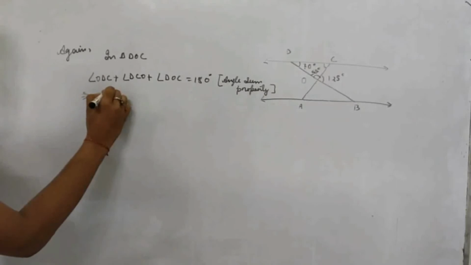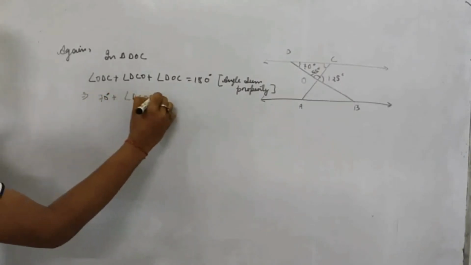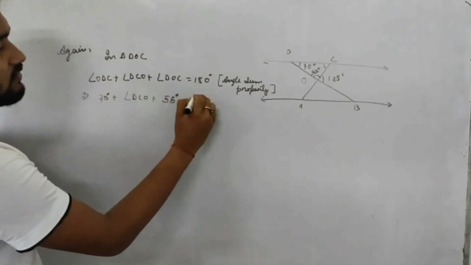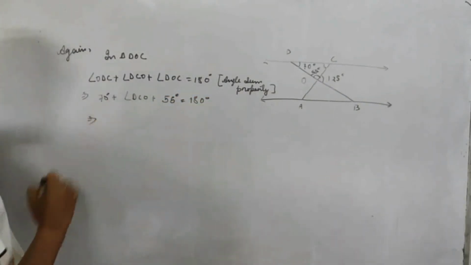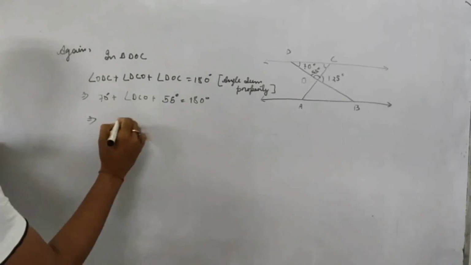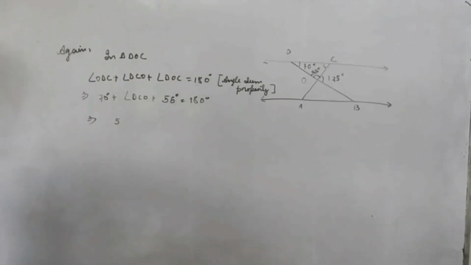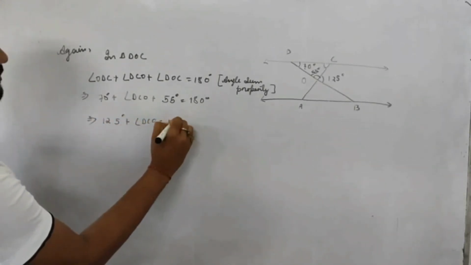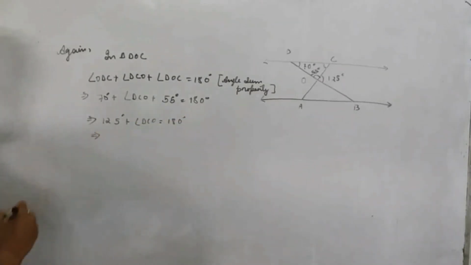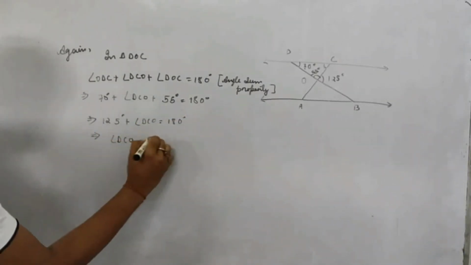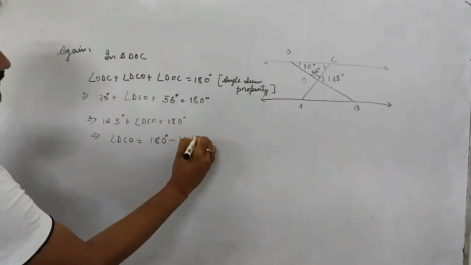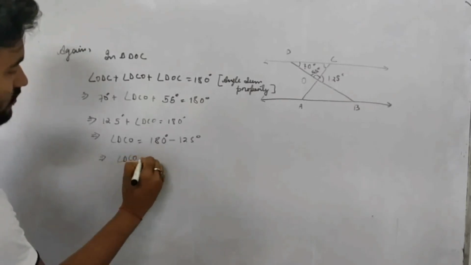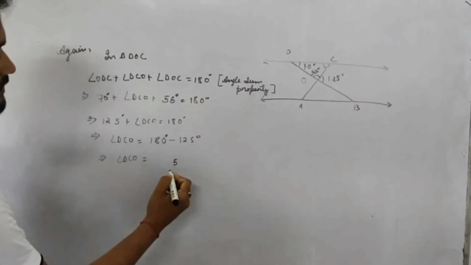ODC is 70 degrees, DCO we will find, DOC is 55 degrees, equal to 180 degrees. 70 plus 55 is 125 degrees, plus angle DCO will be equal to 180 degrees. So angle DCO is 180 degrees minus 125 degrees, which implies angle DCO will be equal to 55 degrees.